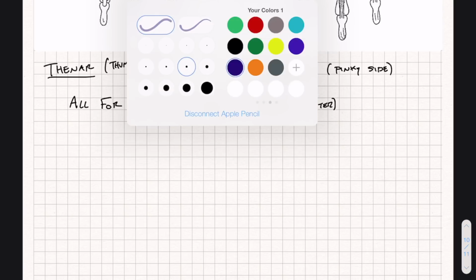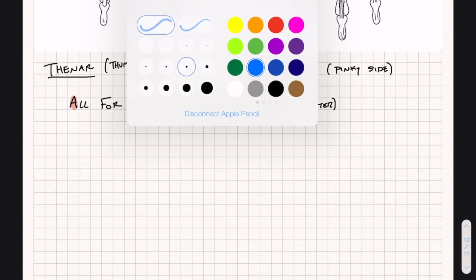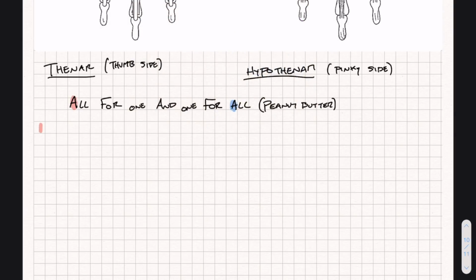So the ones that start with an A, the alls, these are going to be our abductors. So let's just start naming things. So we have an abductor, and we're on the thumb side, so we say pollicis. And then we had an abductor pollicis longus already, so this is the one we call the brevis. Abductor pollicis brevis. And I'm going to color that in, and then we're going to see how the pattern develops.